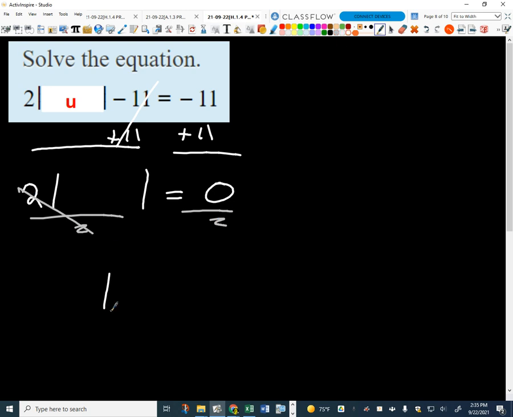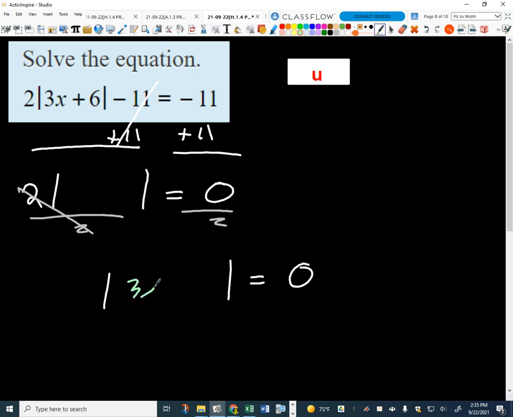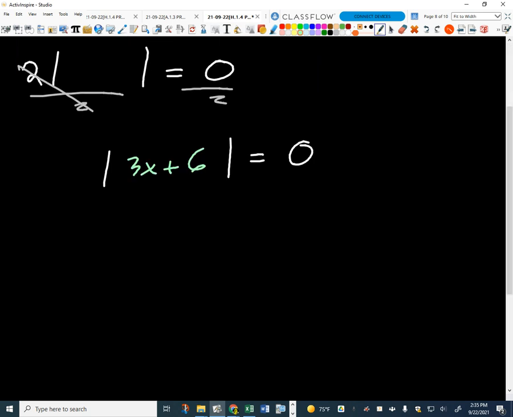And so now I get the absolute value of something is equal to 0. Well, let's look inside. Inside, we have a 3x plus 6. So what's my rule then?